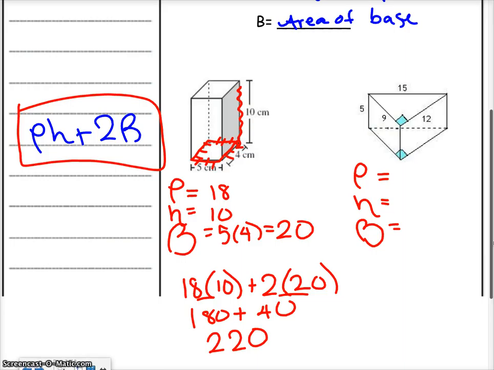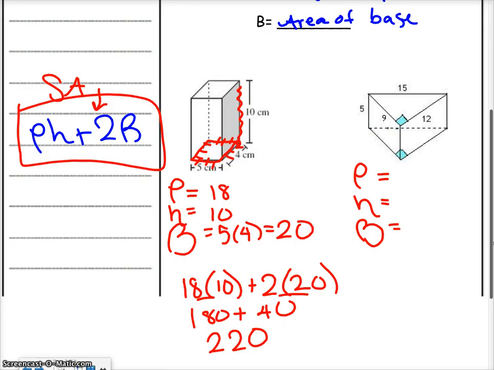Now, you can always use the strategy that you learned in 6th and 5th and 4th grade, where you find top, bottom, side, front, back. It's just, this is faster once you get the hang of it, okay? The MCAs is going to give you this formula. And so they'll say, what's the surface area of this prism?